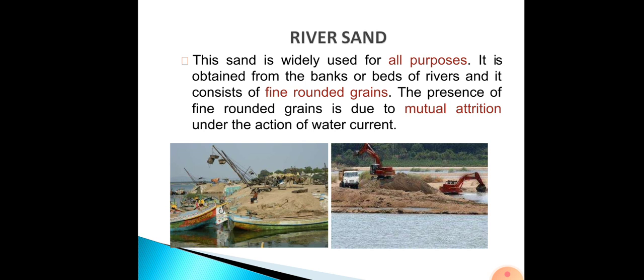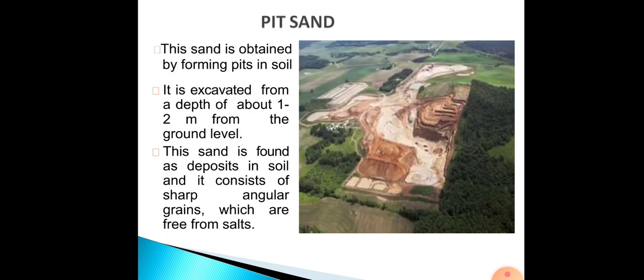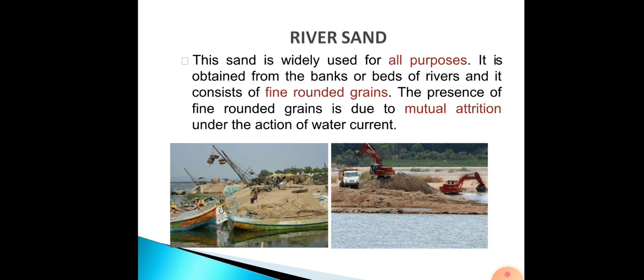In the case of pit sand, we saw that the sand is normally angular, whereas in river sand each sand particle will be a fine rounded grain, and the presence of the rounded grains is due to the mutual attrition which occurs under the action of water current. So the sand that is obtained from the river bank or from the river bed, we call it river sand.